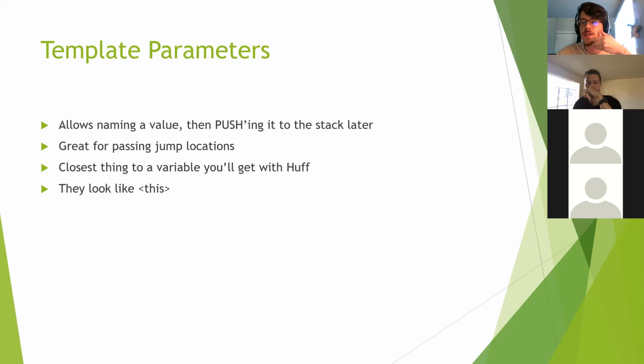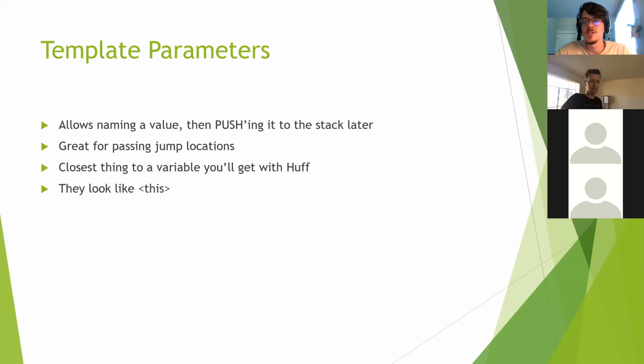Like I said earlier, it allows you to name a piece of data and then push it later by using that name rather than the value of the data. This is really valuable if you want to reuse code. For example, if you have an add operation that you've created, you could say the first input is going to be a template parameter, and then you can pass whatever in as that template parameter, and you can reuse the add there.